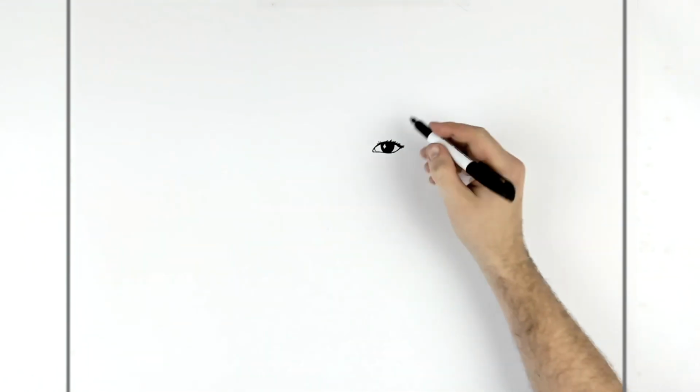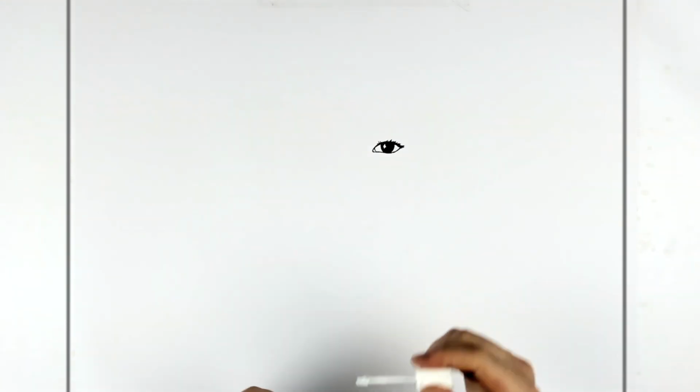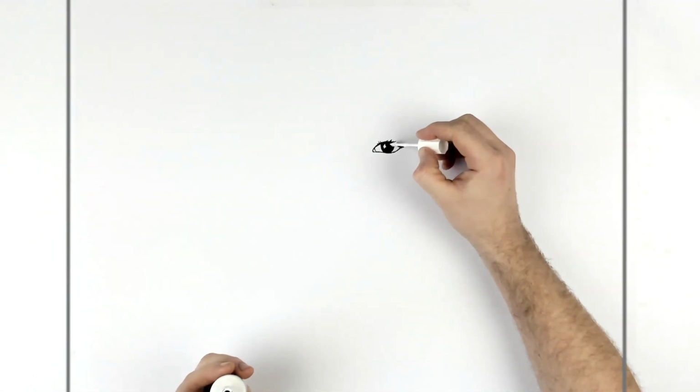Okay, so there's two ways of doing that. You could leave that section like I just did and color around it, or you can add white paint dots on top.